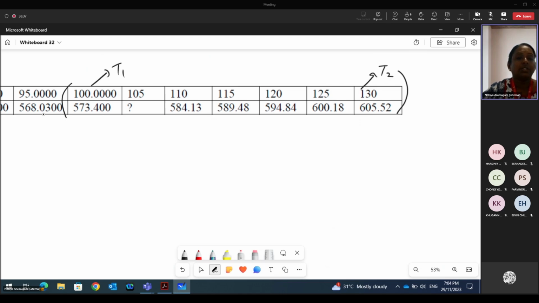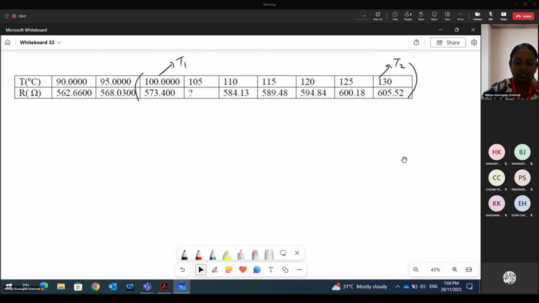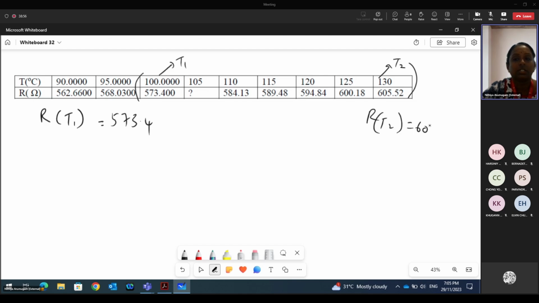So using the RTD equation, using the temperature coefficient, RT1 is, from here, 573.4 and RT2 is 605.52.